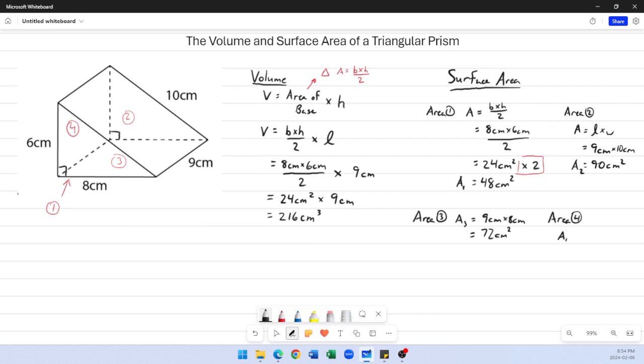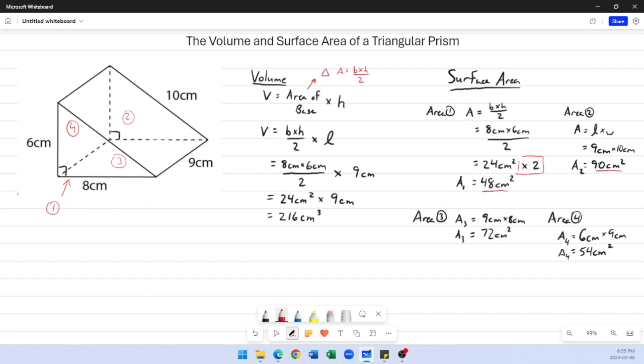The area for 4 is the wall that looks like it's on one of the sides of my right triangle, on the far side there. That'll be 6 centimeters times 9 centimeters, which is 54 square centimeters.